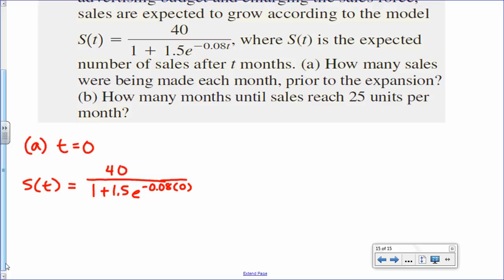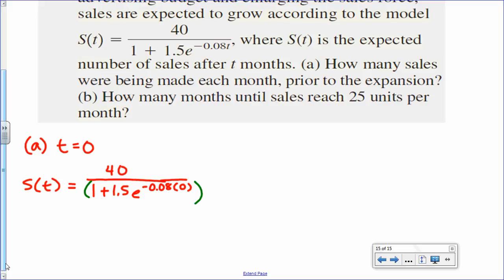So when I go to plug this in, I'm going to plug in the whole thing. I don't have any variables here, so I'm just evaluating. Let me show you with parentheses. Let's type it all in at one time. I want to do 40 divided, and then I need to put parentheses around my denominator.